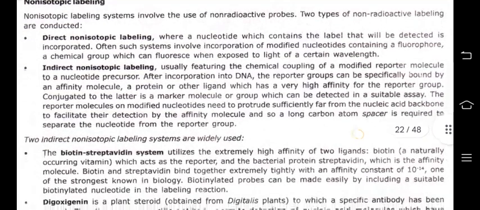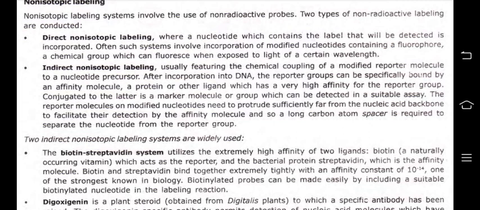Then indirect non-isotopic labeling, usually featuring the chemical coupling of a modified reporter molecule to a nucleotide precursor.